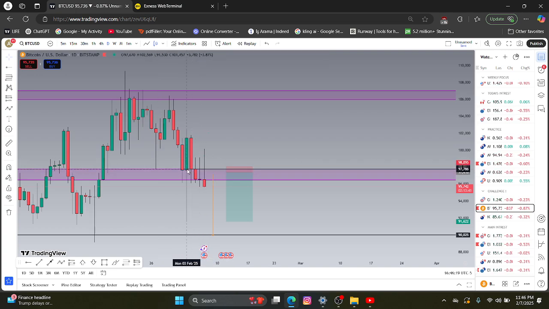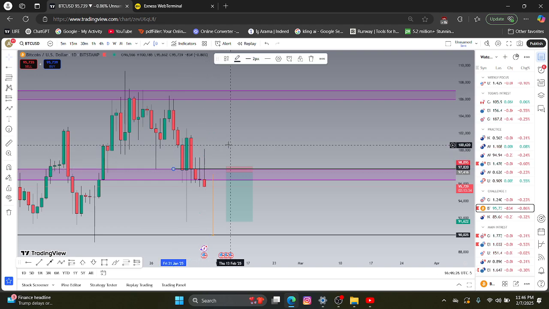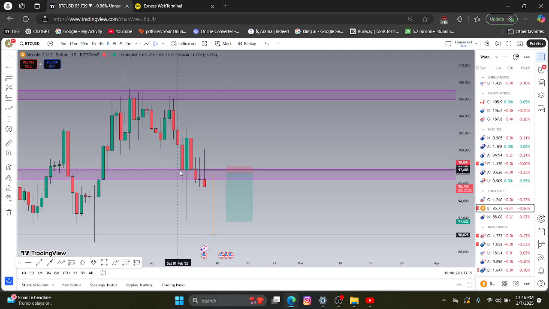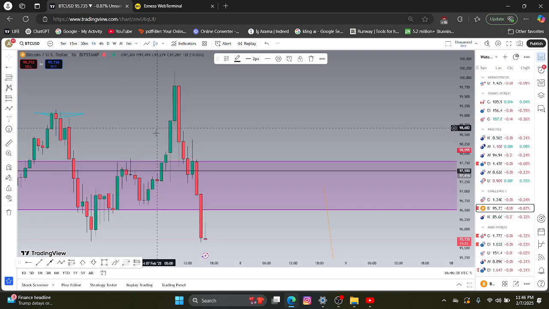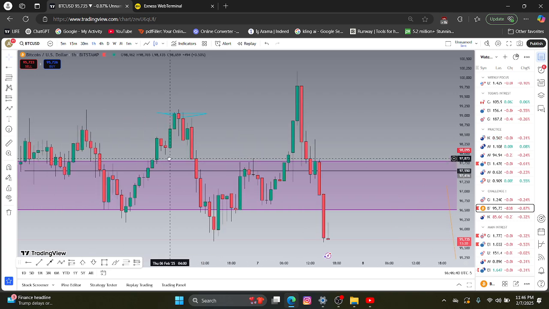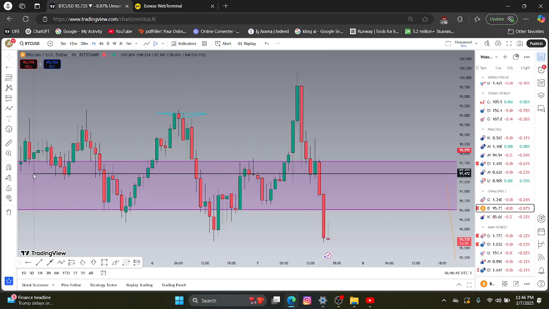It's rejected 3 times, so I don't think it will reach this far. We should see some reaction even before it touches this line there. Probably there. Okay. We'll look at it.